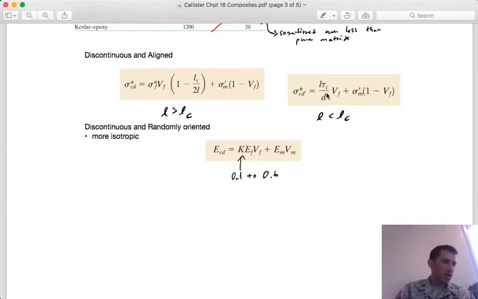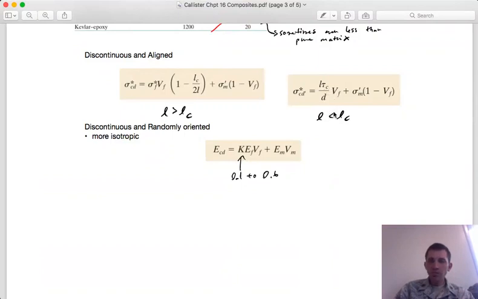Instead, you're looking at tau sub c, which is either the fiber matrix bond strength or the matrix shear yield strength, right? So this portion of the fracture strength for the composite is driven by the bond or the matrix material.